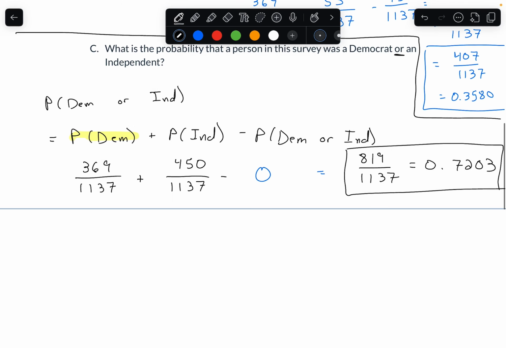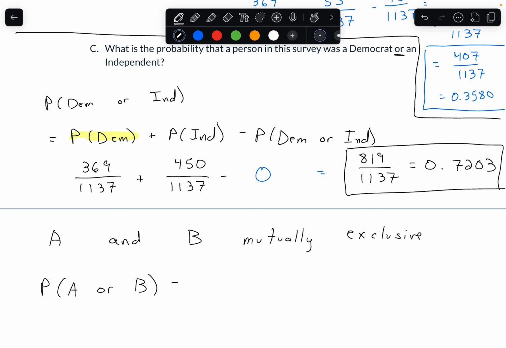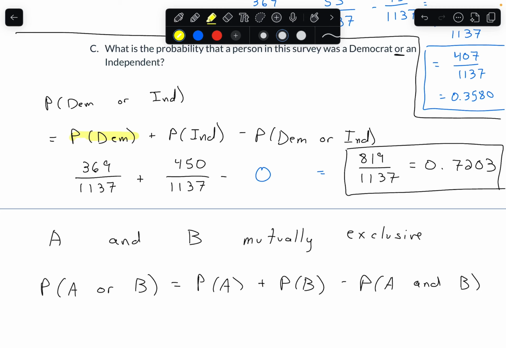And so this is the last thing I wanted to end this video with: if we have two mutually exclusive events, if A and B are mutually exclusive, meaning they cannot happen at the same time, then, well, we know probability of A or B in general is just probability of A plus probability of B minus probability of A and B. But if they're mutually exclusive, then this probability has to be 0.